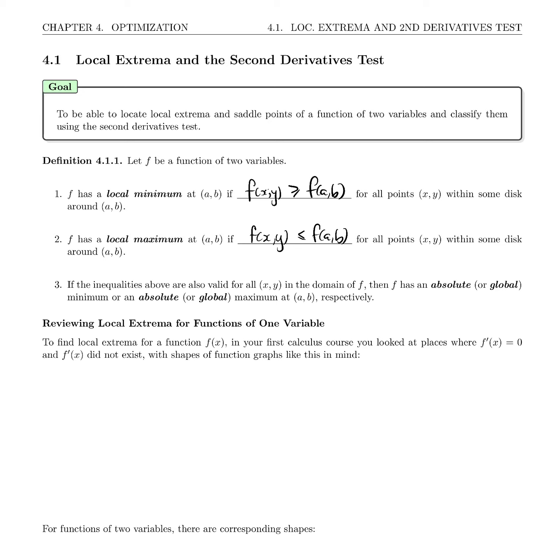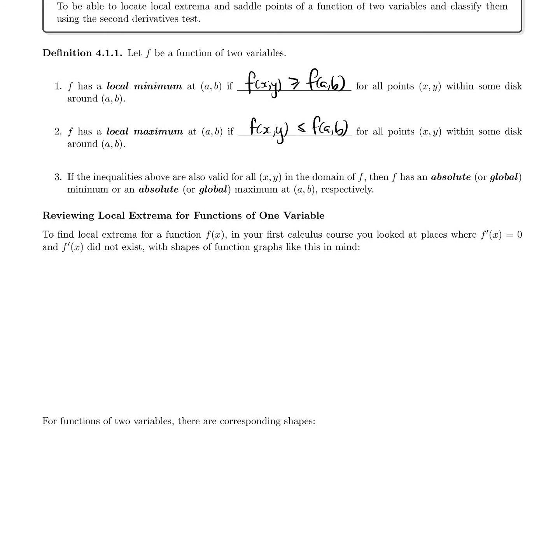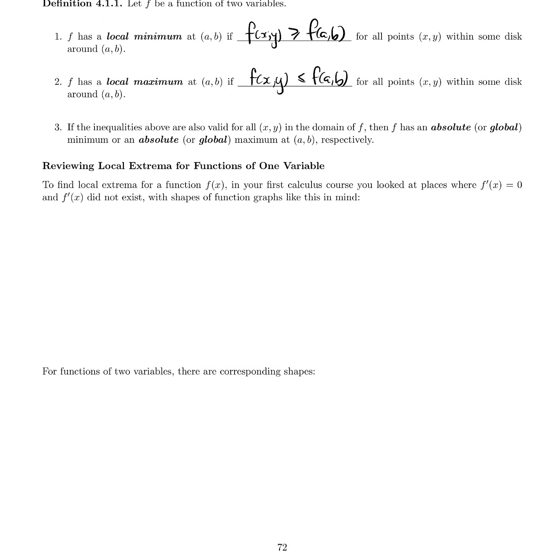Let's review the situation about local extrema for functions of one variable. To find local extrema for a function f, in your first calculus course you looked at places where f prime of x equaled 0 and f prime of x did not exist, because you had the following shapes of function graphs in mind. Places like these where the derivative was horizontal.